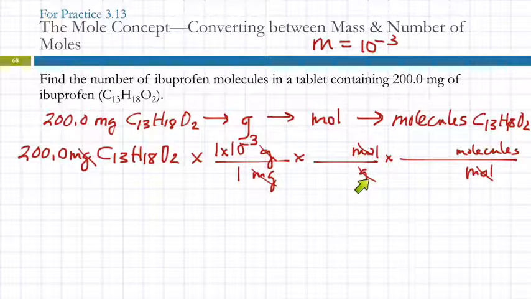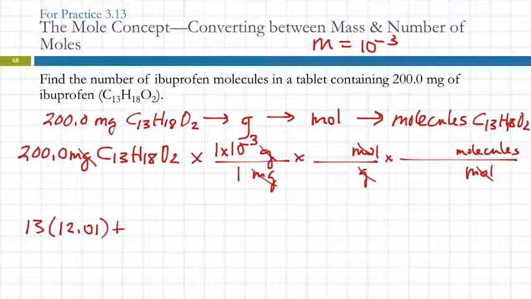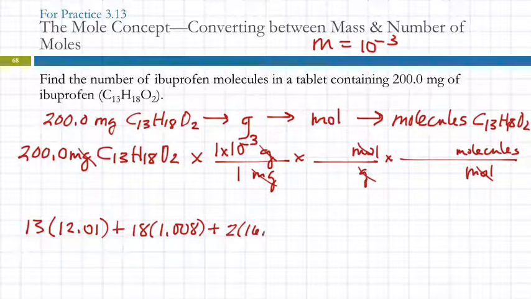What's the relationship between moles and grams? That's going to be different for every substance. We have to calculate that. That's the molar mass. We have the formula, so we can calculate that. So we'll just do a little side problem down here at the bottom, and I would encourage you to write these out. So 13 times the mass of carbon plus 18 times the mass of hydrogen. I'm getting these numbers from the periodic table in my head. And 2 times the mass of oxygen.